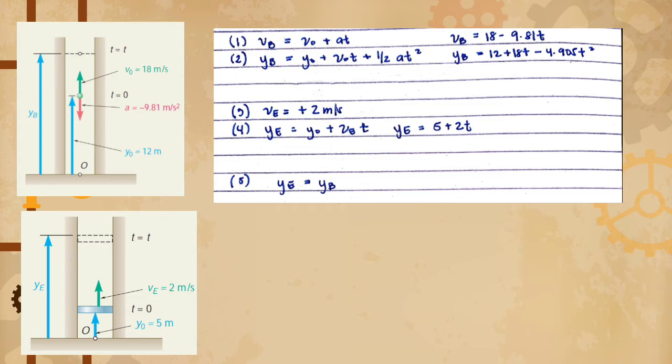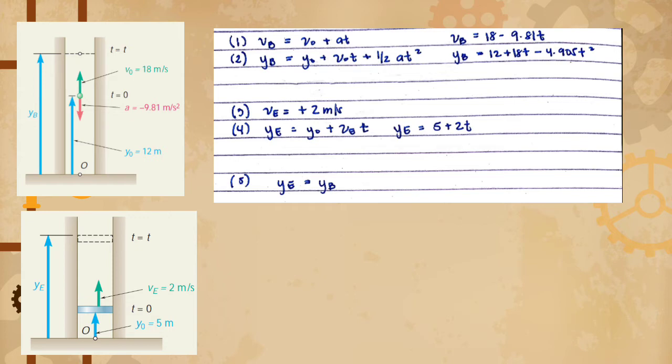Equation 4: y_e is equal to y_0 plus v_e times t, which is equal to 5 plus 2 times t. We first note that the same time t and the same origin were used in writing the equations of motion of both the ball and the elevator.